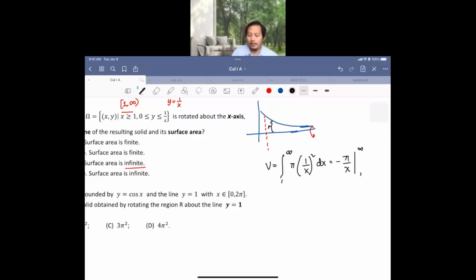We know that if we take the improper integral using the limit, 1 over x will be 0 as the limit approaches infinity, right? So it goes to be equal to pi. So the volume is finite. And the surface, as we mentioned in the beginning, is infinite. This is the Gabriel's horn phenomenon.